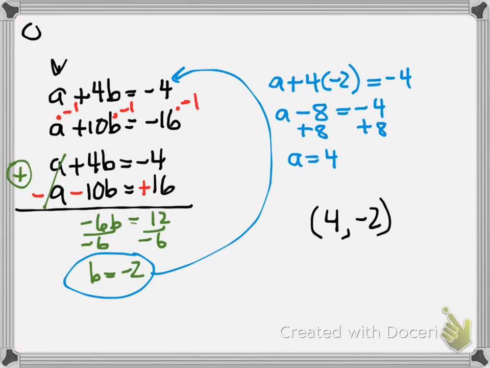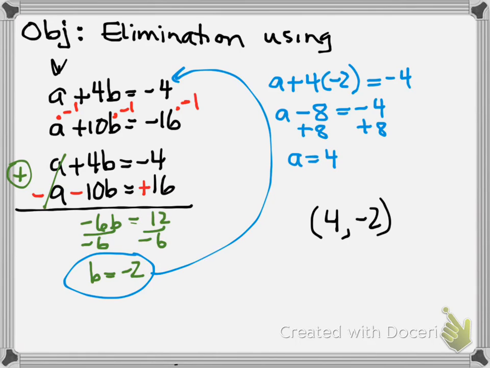So this is called elimination using subtraction. But really what we're doing is not subtracting as much as we are multiplying everything by a negative 1 and then solving. So I'm going to give you guys a moment to write that down.